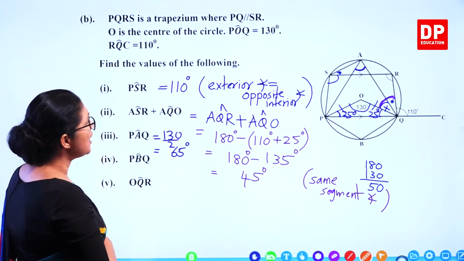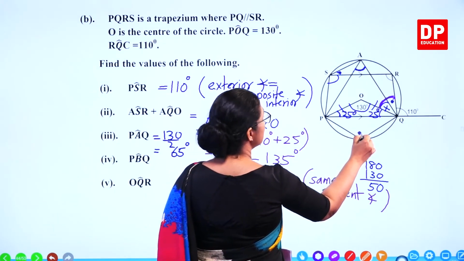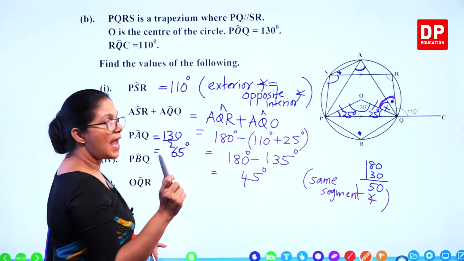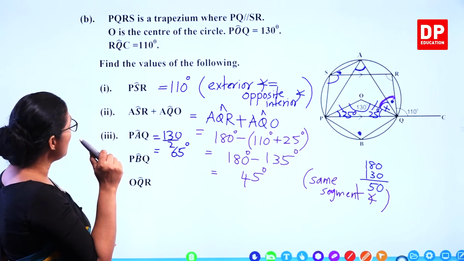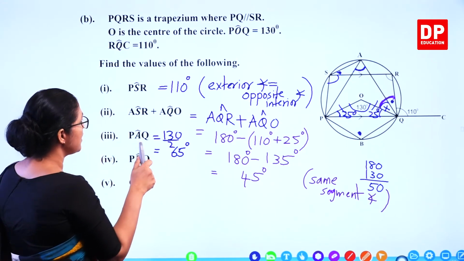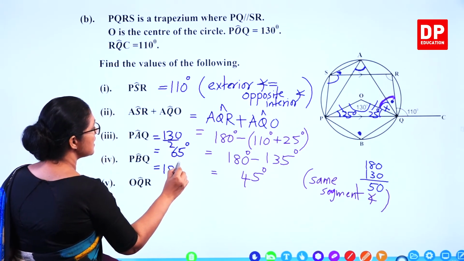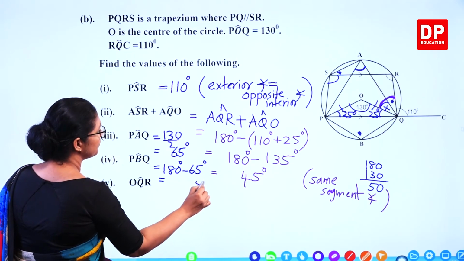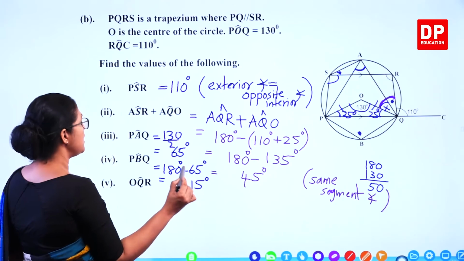And PBQ. This angle. This is a cyclic quadrilateral. Opposite angles add up to 180. So we found PAQ is 65. So what is PBQ? 180 minus 65, 115 degrees.